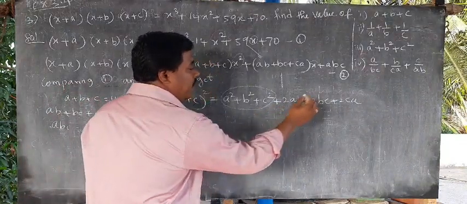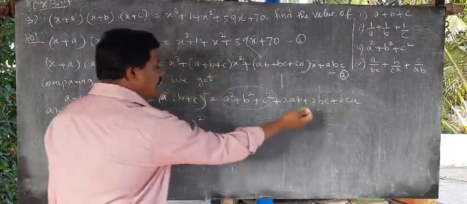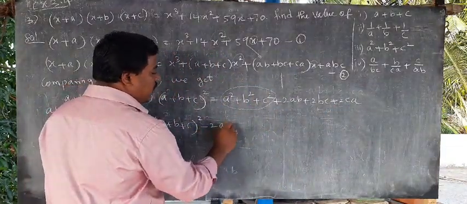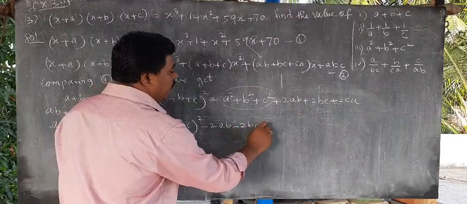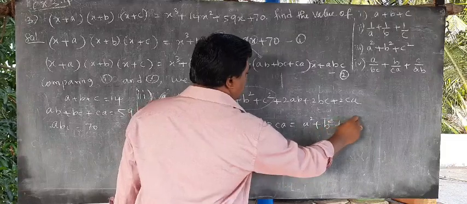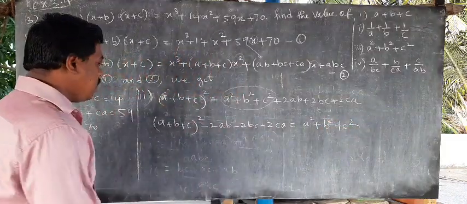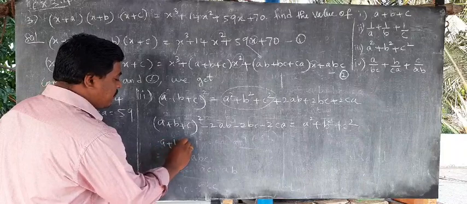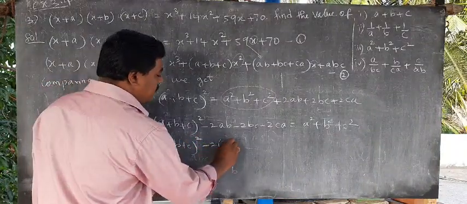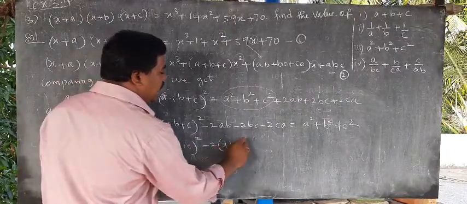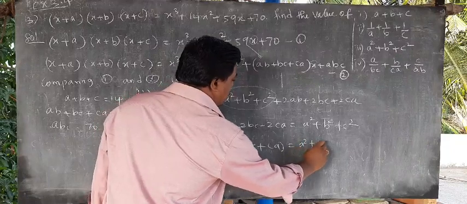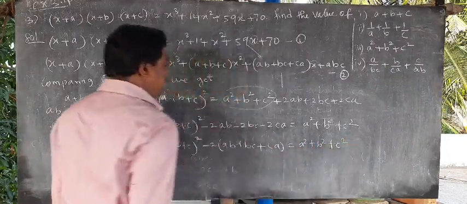This 2AB plus 2BC plus 2CA, I bring this side, minus 2AB minus 2BC minus 2CA equals A square plus B square plus C square. Now A plus B plus C whole square, I take 2 as common, minus also I take as common, AB plus BC plus CA equals A square plus B square plus C square.